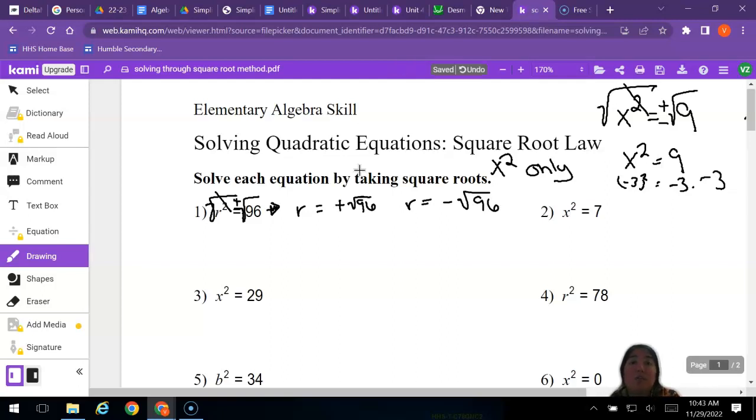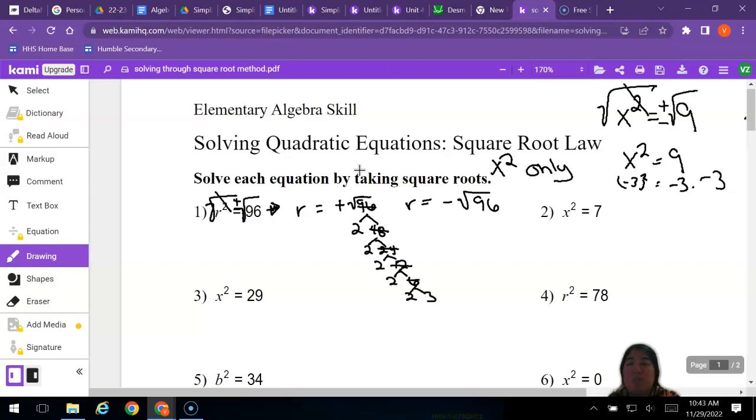Because of what we've been learning lately, we have to make sure that we break this down and write the correct answer. When I break down this 96, I can start off with 2 and 48. I'll break this down to 2 and 24, 2 and 12, 2 and 6, and then 2 and 3, right?